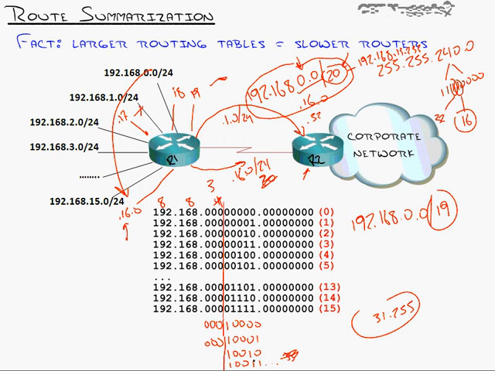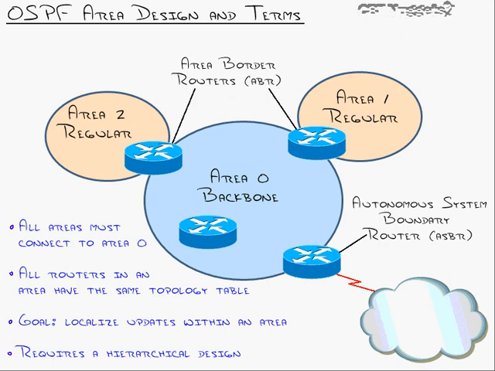So that is the idea of summarization, and that key concept is what lights the way in OSPF and why OSPF is such a powerful routing protocol. Now that you have the concept of summarization under your belt, we can move into the ideas and terminology behind OSPF.